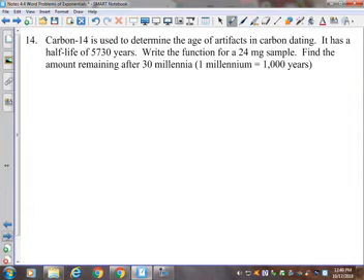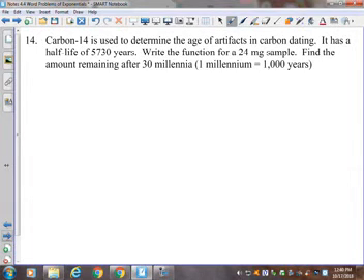Okay? It increases as long as you're living. But once you die, it starts to decrease. The amount of carbon you have in your body halves, or in whatever artifact it happens to be, halves every 5,730 years. So it takes a long time for it to decay, which is why they use it for carbon dating. Write a function for a 24 milligram sample.